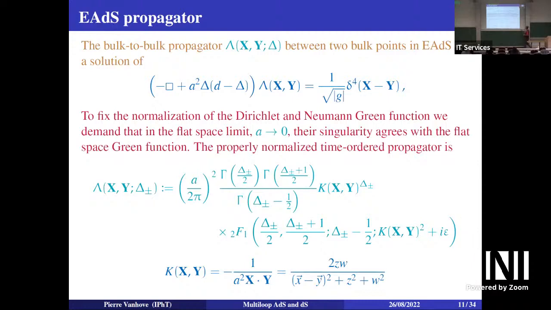I want you to look at this, and at the fact that there's an i epsilon here. There's an i epsilon because when you solve a Green function, you always need an i epsilon prescription to define what it means as a Green function.